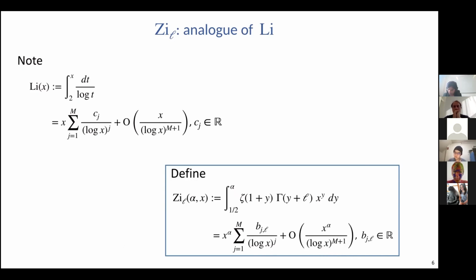Okay, so big O is always denoting the error term. So this is the main term, and this is similar to this logarithmic integral, except that these constants are different. So these real numbers will rely on zeta and gamma. In fact, we can explicitly compute these coefficients b sub j l.